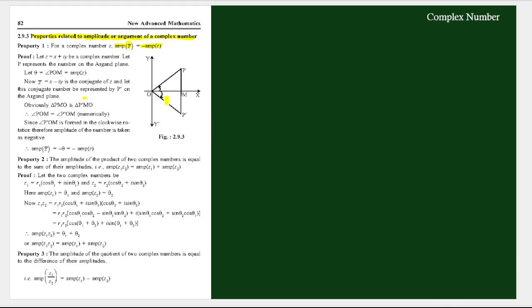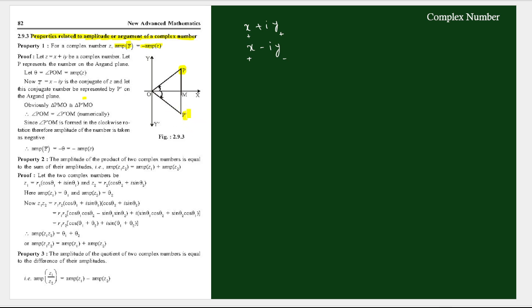Why is it negative? You seem to have forgotten what the conjugate is. This is x plus iy, its conjugate will be x minus iy. So x is positive, y is negative in this case. Here both are positive, so it will lie in the first quadrant. This is our P. Then the y is negative, so this is our P prime or P dash.